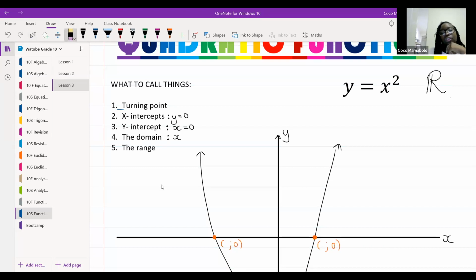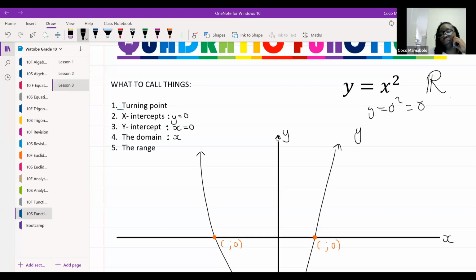Which number can x not be equal to? Well, Naman, if it's equal to 0, I'm just going to get y is equal to 0 squared, which is equal to 0. 0 is a number, so 0 doesn't count. Is there any number that I can put into x that won't give me an answer for y? Think about it, guys.